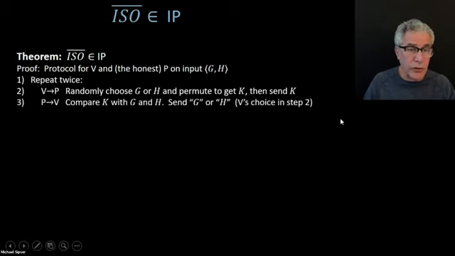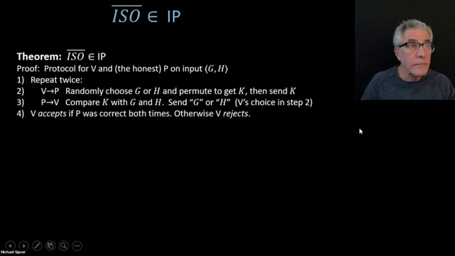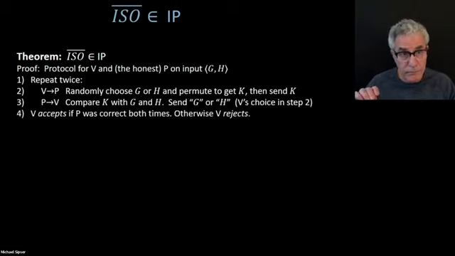Now it's the prover's turn to respond. The prover is going to compare K with both of the original graphs. It's got to be isomorphic to one or the other, and it's going to report back which one. It's just going to say, well, you picked G, or you picked H, because the prover with its unlimited capabilities can determine that. And then V accepts if the prover was right both times.